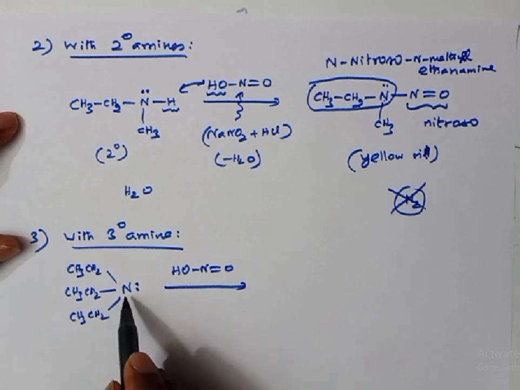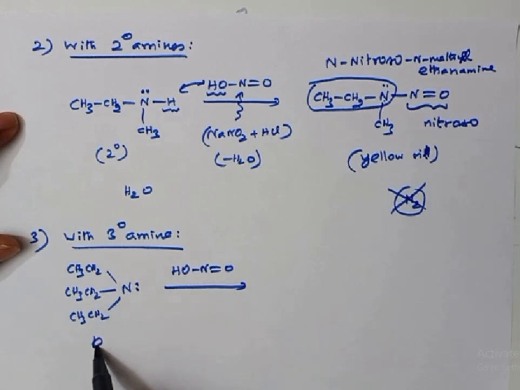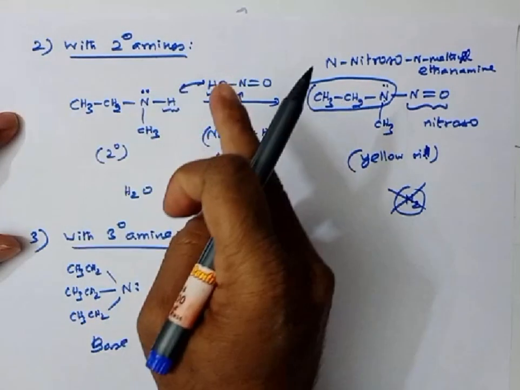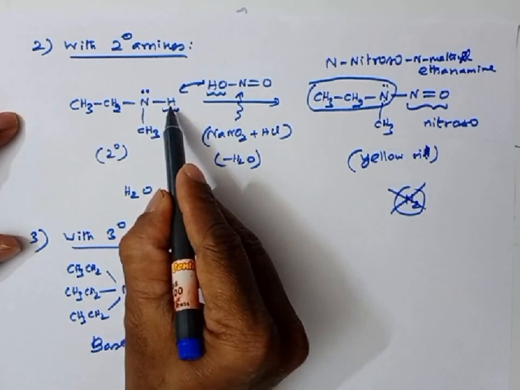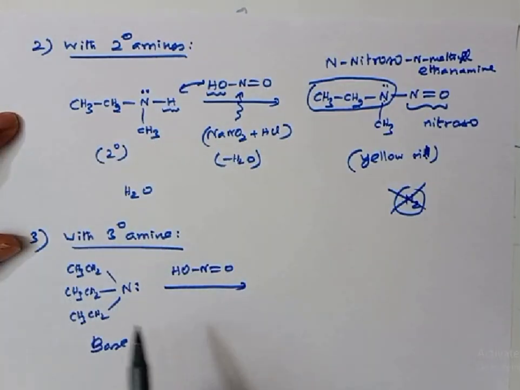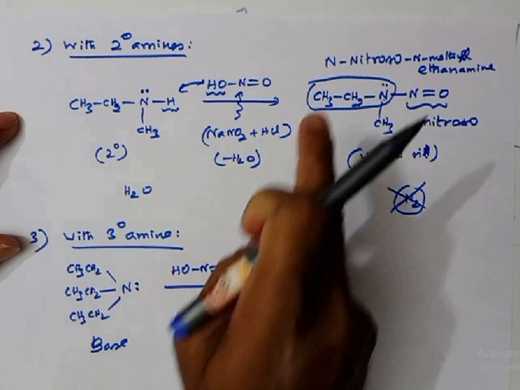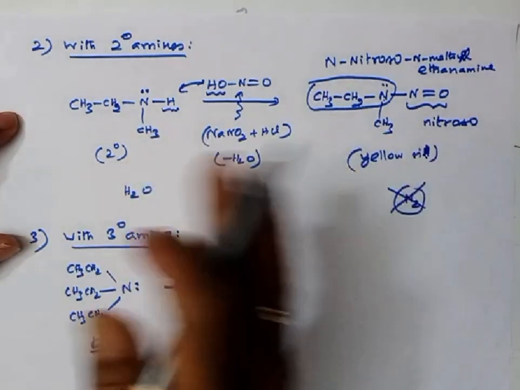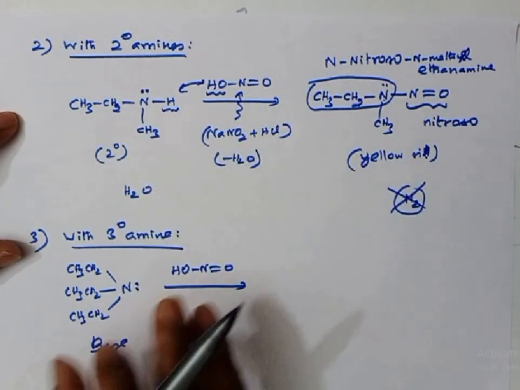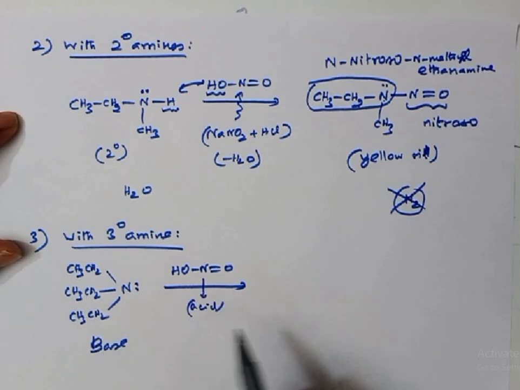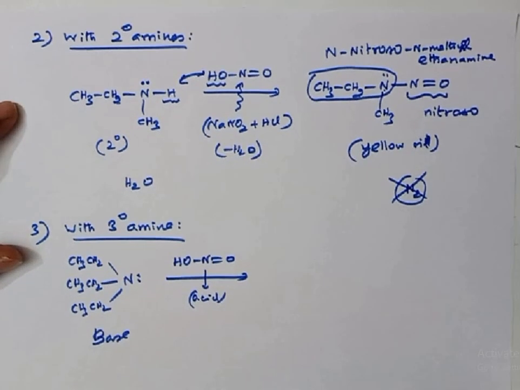Now, see, this is a base. There is no hydrogen available here. In primary amine and secondary amine, the nitrogen atom has at least one hydrogen. In tertiary amine, there is no hydrogen available, so it does not react like primary amine or secondary amine. It will behave like, see, this is a base, this is an acid, so you'll get just a salt.